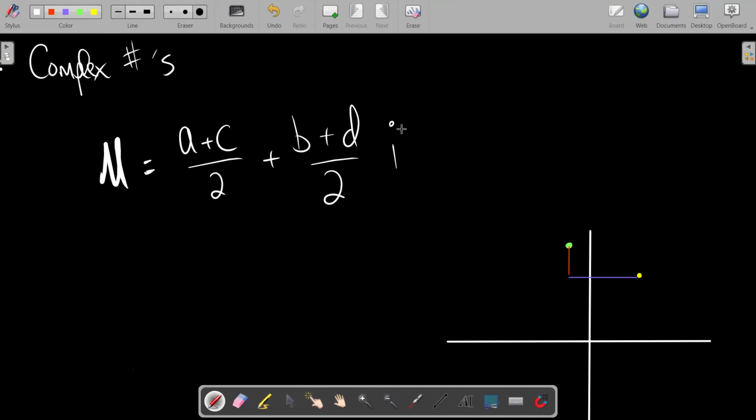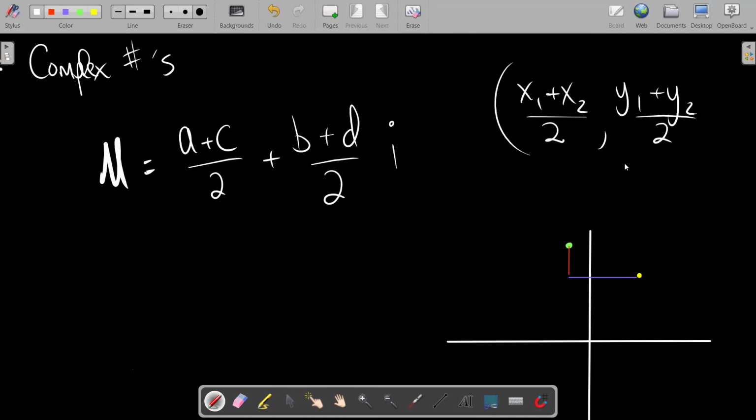When Mr. Manlove or Miss Crump taught you the midpoint formula, they didn't use that terminology. They used a different terminology. They said something like (x1 plus x2) over 2, comma, (y1 plus y2) over 2, and they put it in parentheses like this.